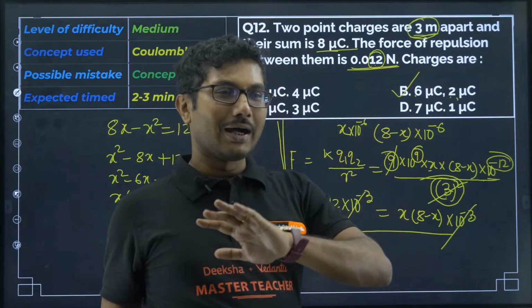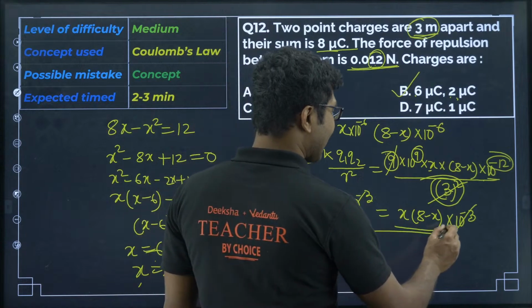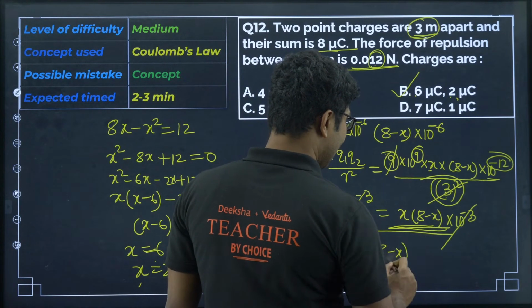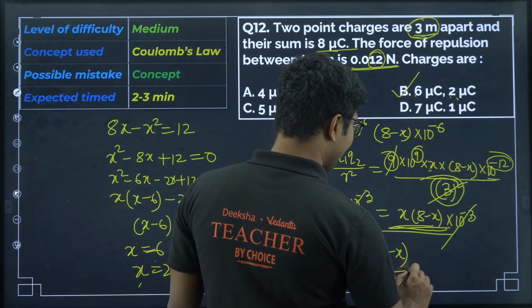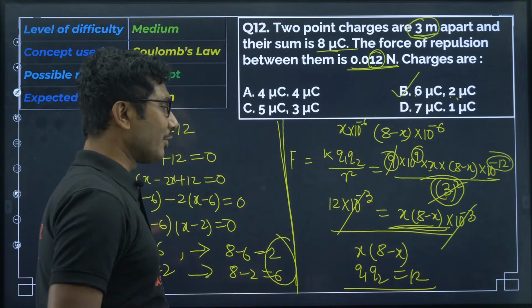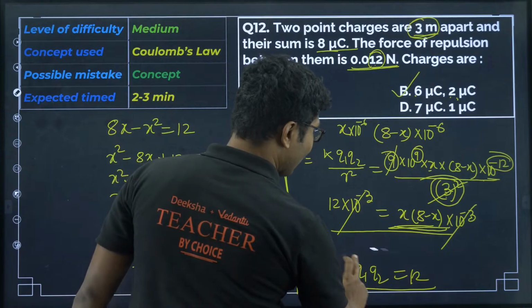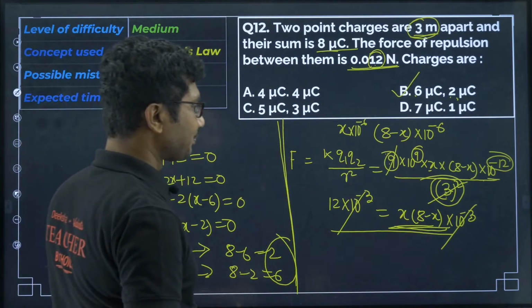Now I can give you a better suggestion. After you have achieved this, that is x into 8 minus x, this is two charges, right? One charge is q1, one is q2. So q1 q2 is 12. Once you reach this stage, then you can apply this: we have to find two charges whose multiplication is 12.